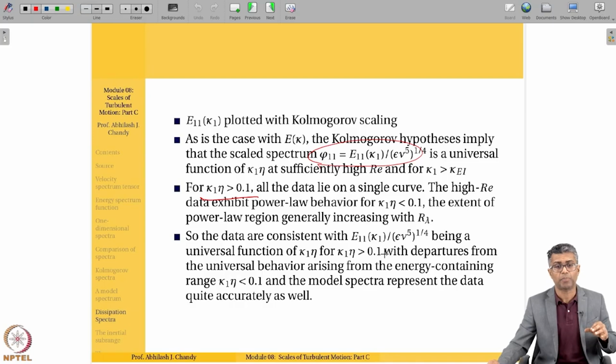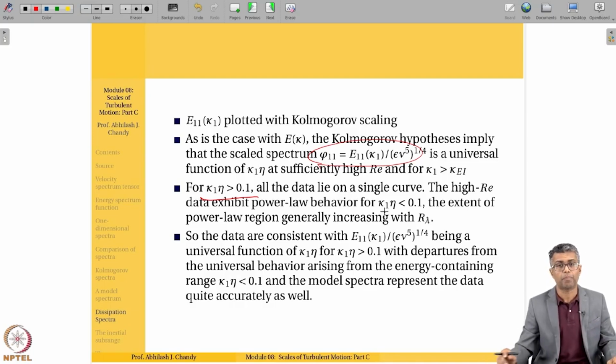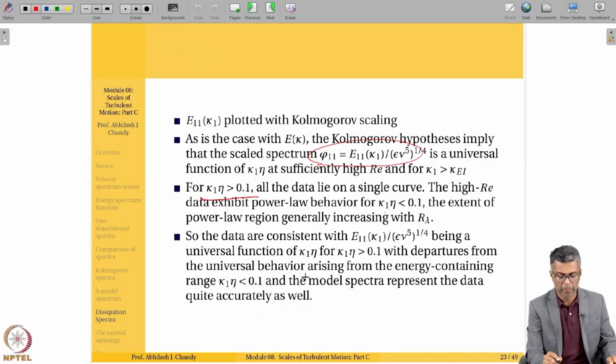And the high Reynolds number data exhibit power law behavior for kappa eta less than 0.1. So that is in this range here. That is the energy containing range. So the data is actually consistent with E11 of kappa 1 divided by (epsilon nu to the 5th)^(1/4), and that being a universal function of kappa 1 eta for kappa 1 eta greater than 0.1, isn't it?